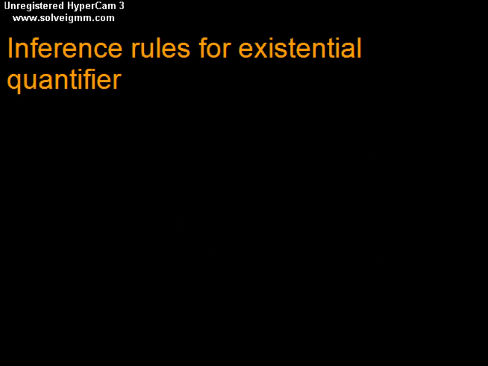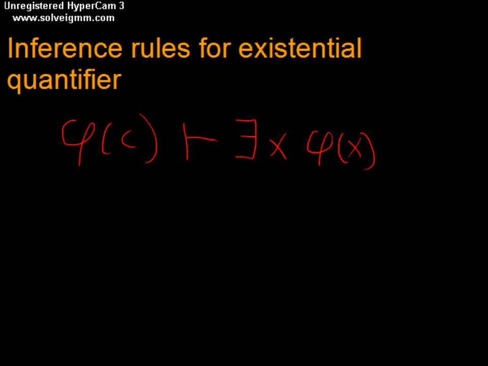And then finally, the inference rules for existential quantifiers. So if phi C is true for some constant, then there exists an x phi x. This is true. This is the introduction of the existential quantifier.